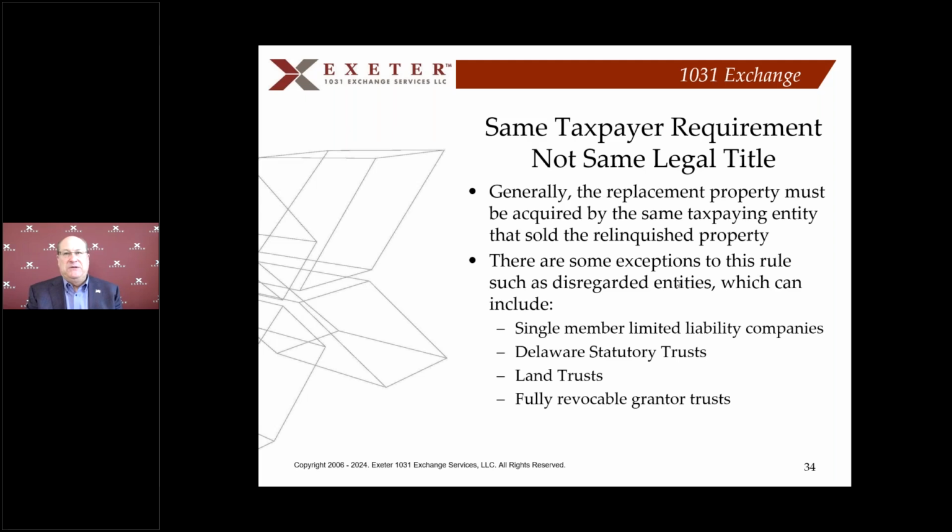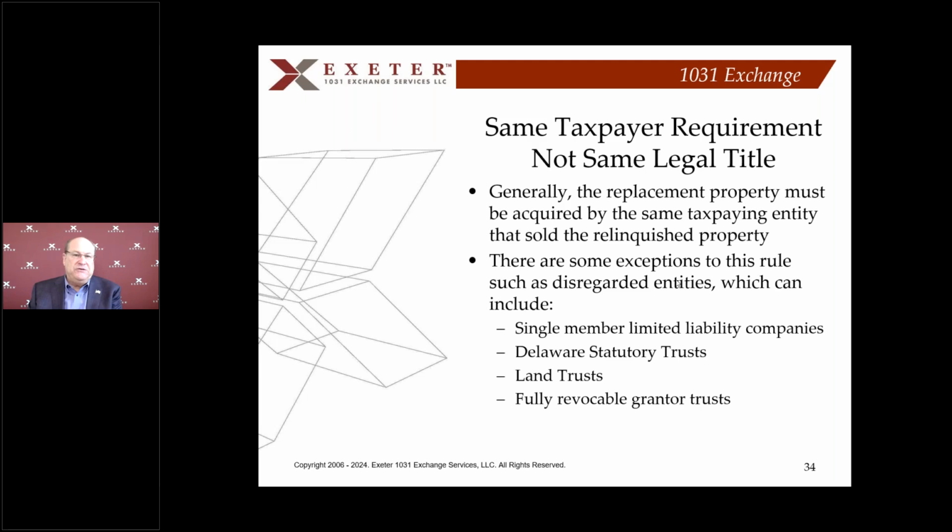So a couple of examples. The most frequent that I can think of is you're selling property that's held in a LLC. The LLC is a single member LLC. It's a disregarded entity, which means it does not file its own federal tax return. It sells the real estate. It goes to buy the replacement property in the LLC, and the lender says, no, we will not do that.